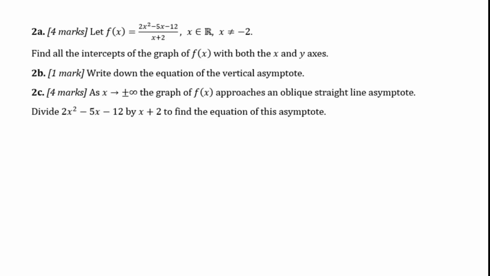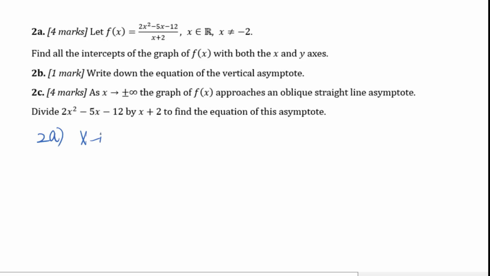Let's go to 2a. Let f of x equals 2x squared minus 5x minus 12 over x plus 2, where x is not equal to negative 2. Find all intercepts of the graph of f of x with both the x and the y-axis.